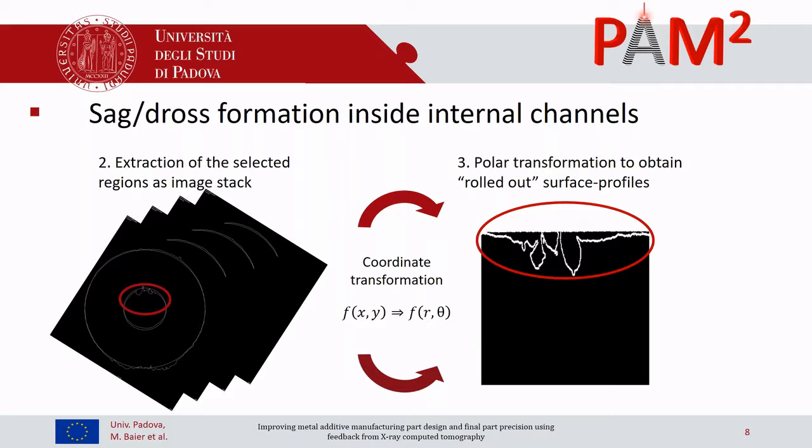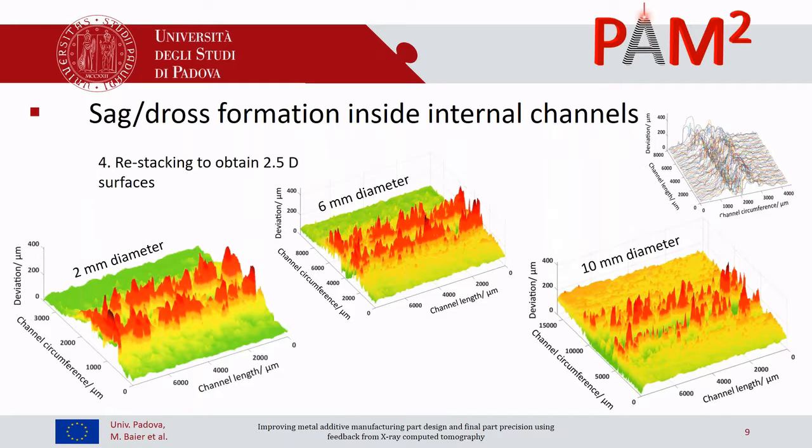To further proceed, we basically cropped the files again. And what we obtained is, when you restack each of the cross sections behind each other in a nice way, you can see on the top here the stacked slices, and they resemble quite well the ceiling of the channels.